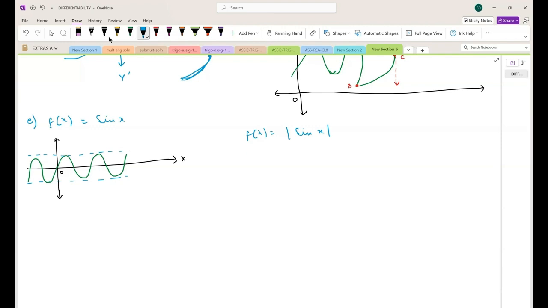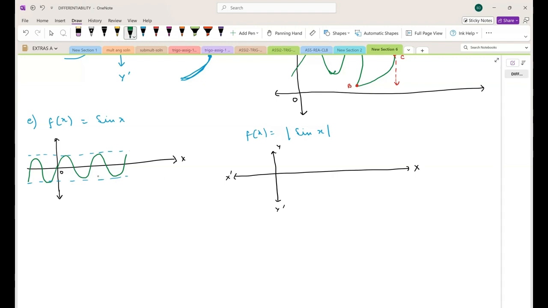What will be the change? Let's see. The change is something like this. Remember, there cannot be anything below x x dash because y will be positive. So now the graph will be like this.